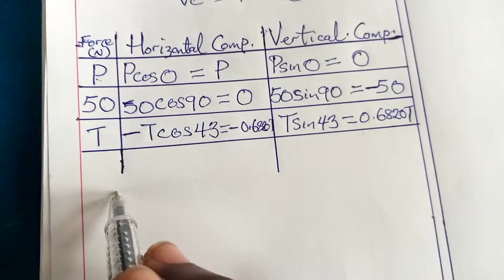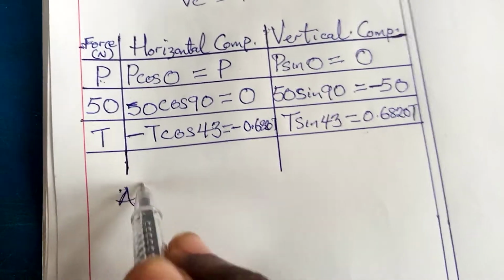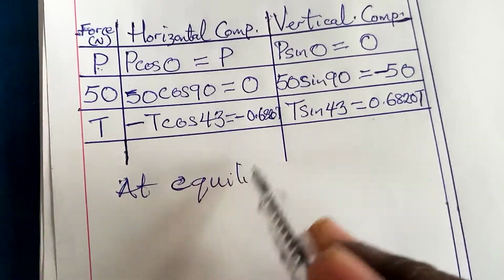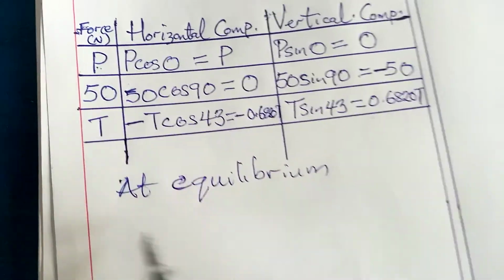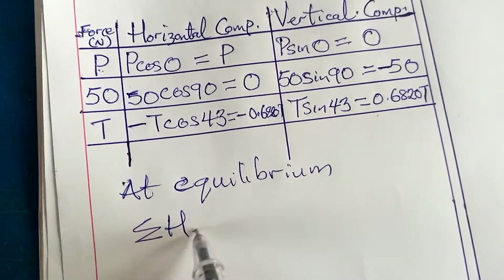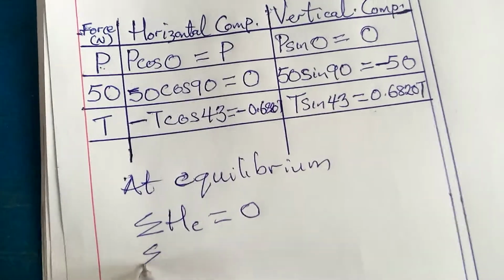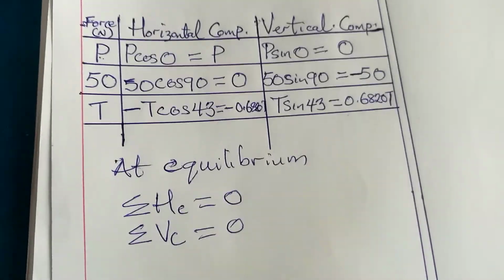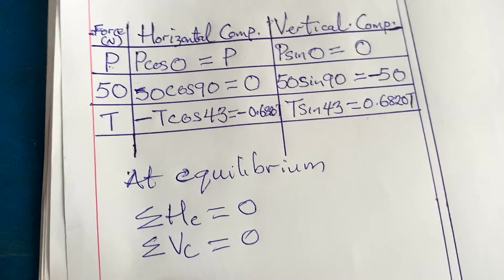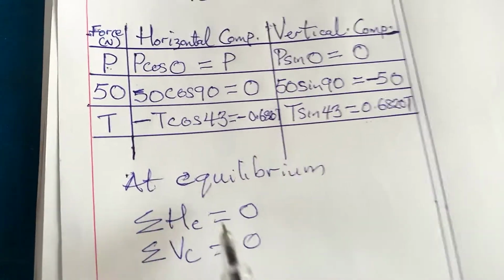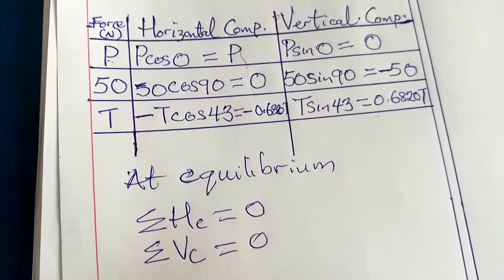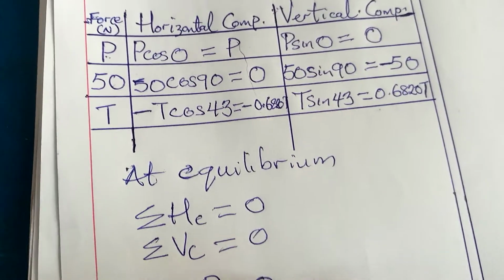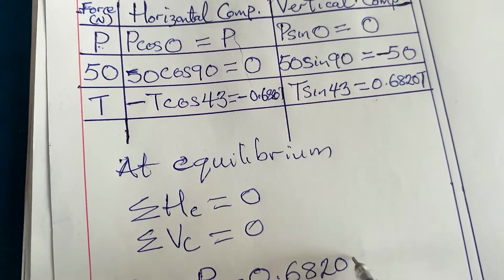So since the body is at equilibrium, according to the condition of equilibrium, the summation of vertical component equals 0 and the summation of horizontal component equals 0. We'll be making use of this one. Therefore, I can say 0 equals the summation of all the horizontal components, that is P minus 0.6820T.